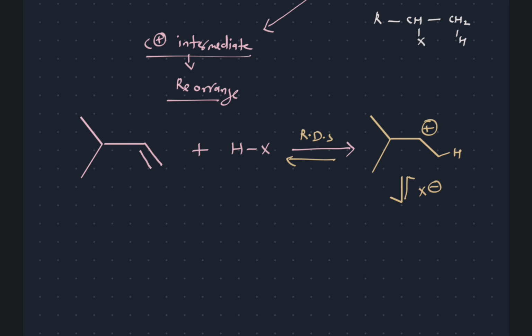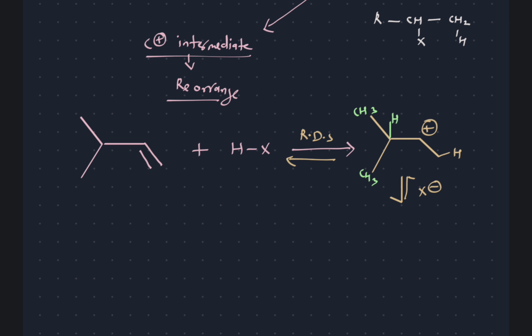The carbocation can exchange its position with an alkyl group or hydrogen where it is more stable. So in this reaction you can see there is a hydrogen and two R groups, two CH3 groups, right?